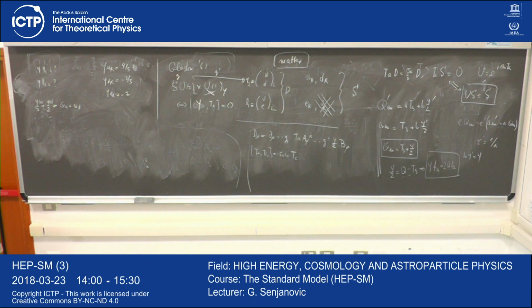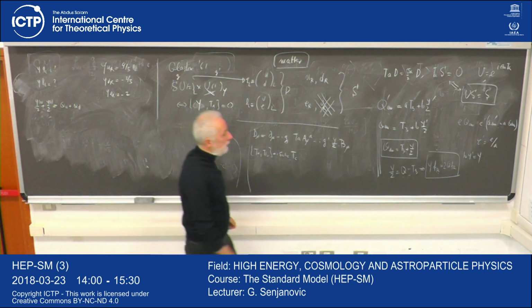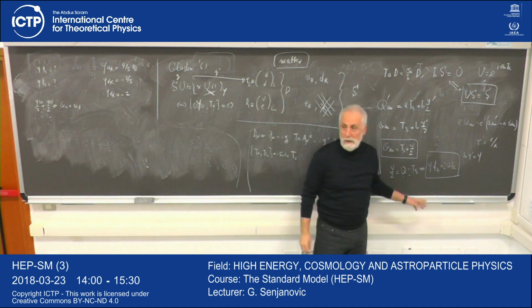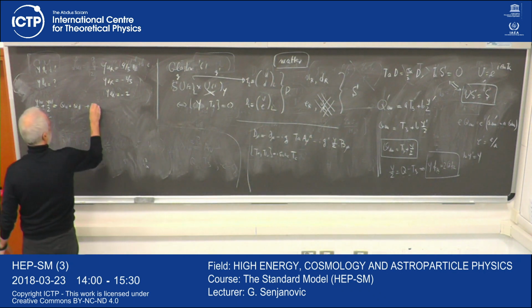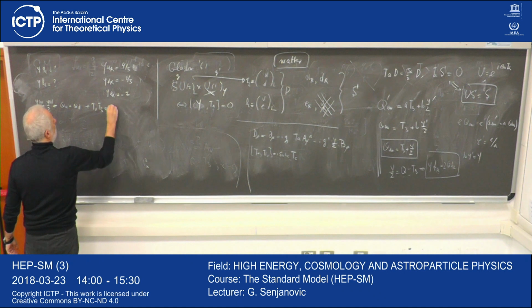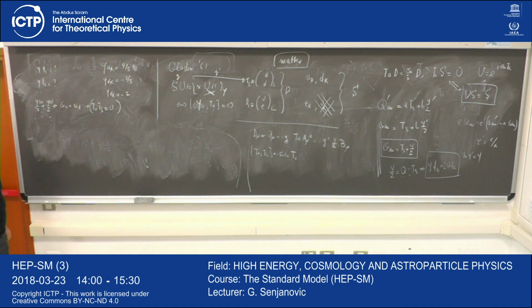Plus T3 up plus T3 down. But that's traceless. That's 0. So for any doublet, it's simply the sum of the up and down charge.